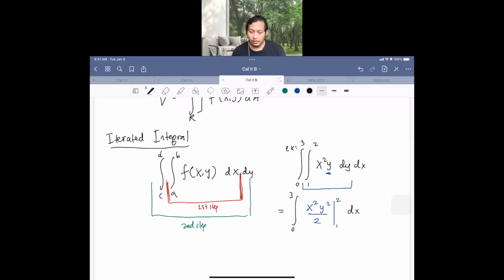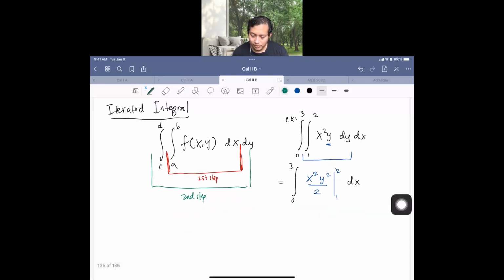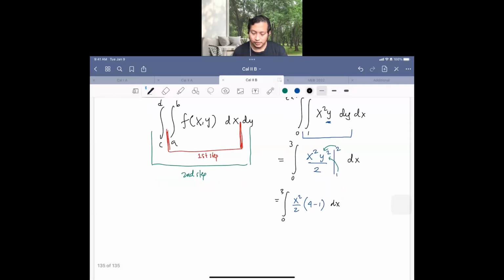Now we plug in 2 into y, and plug in 1 into y also. So we still write the outside integration from 0 to 3, and we evaluate. This becomes x squared over 2 times 4 minus 1, right? Or we can say that this is 3 over 2 x squared.